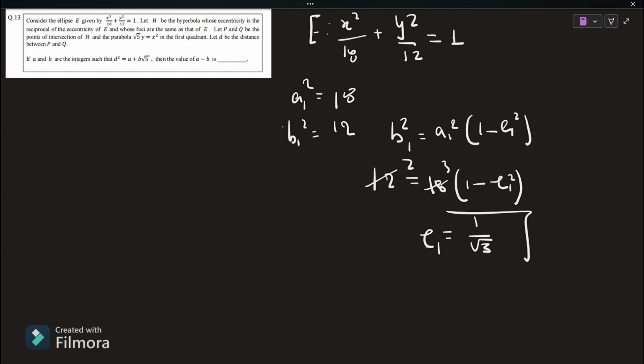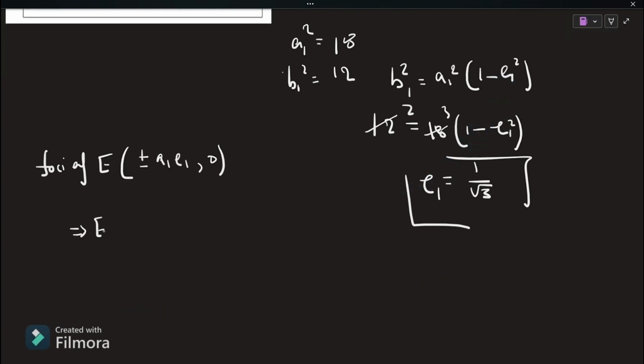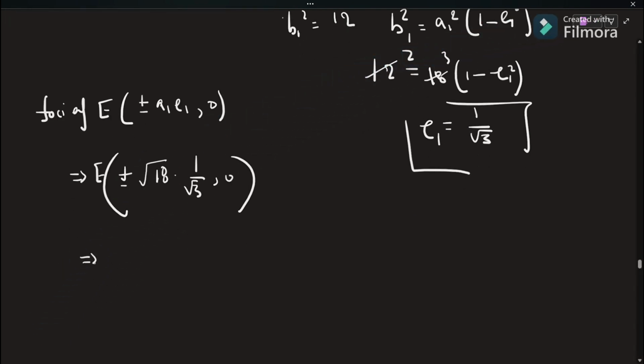The coordinates of the foci of E are plus minus a1 e1 comma 0. So plus minus root 18 into 1 by root 3 comma 0, and we get plus minus root 6 comma 0.